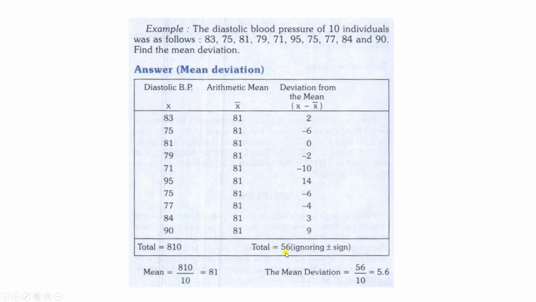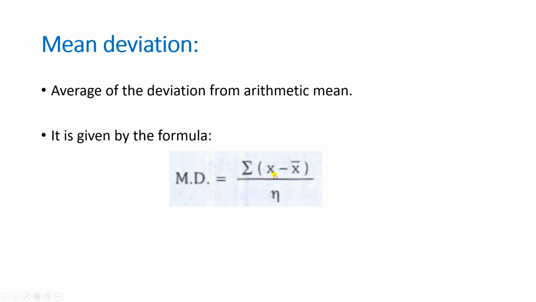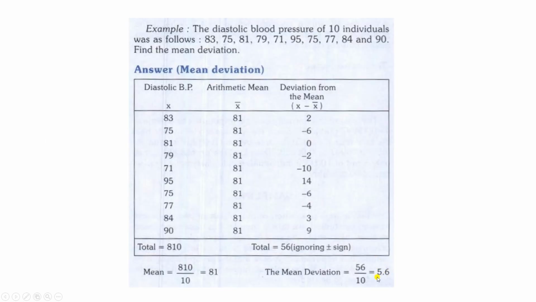Mean deviation is 56 divided by n, which is 10. So this is 5.6. So this is the formula. Summation of x minus x bar is 56 and divided by n, that is 10, gives 5.6. This is my mean deviation. So after having the individual observations, we must calculate the mean, and we must find out how much difference there is between the individual observation and its mean value.